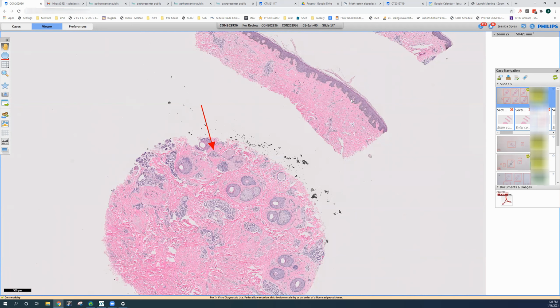Other things to think about in the histologic differential diagnosis with a catagen-telogen shift are telogen effluvium, and also clinically, syphilis can present mimicking telogen effluvium. It can be a diffuse pattern of hair loss. And usually you won't see inflammation in telogen effluvium.